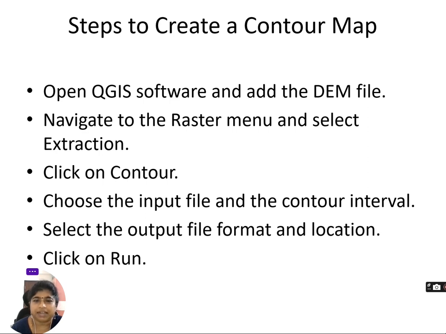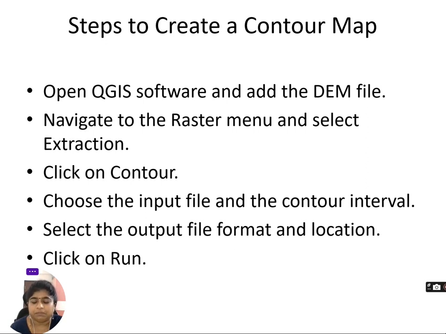Then get into the raster menu and select extraction. Under extraction, select the tool called contour. Once you select the contour tool, a window will get open. In that, give the input as the DEM or the merged DEM what you have, and then give the output file location.